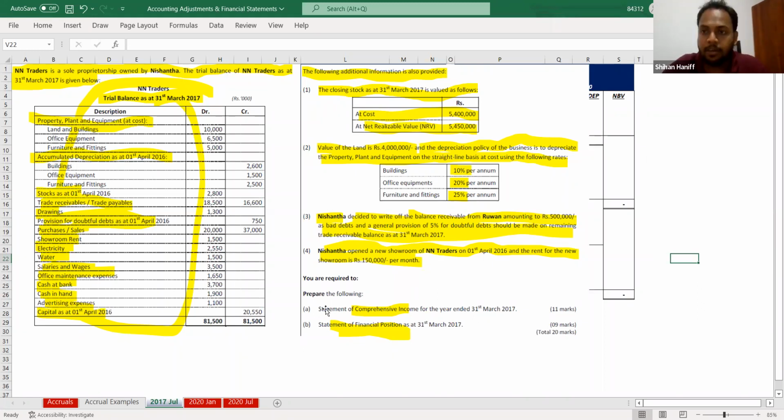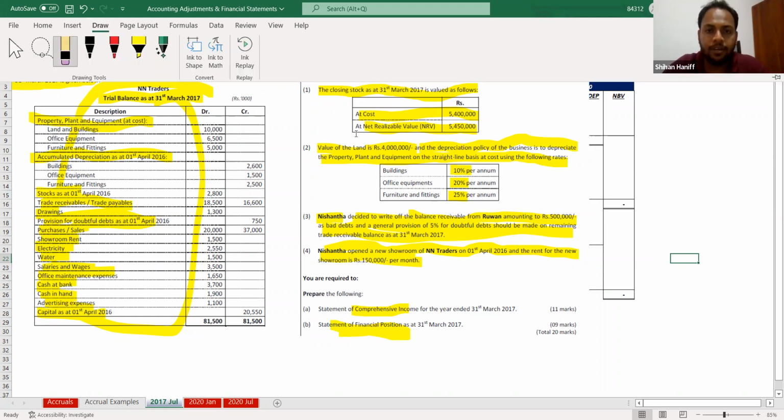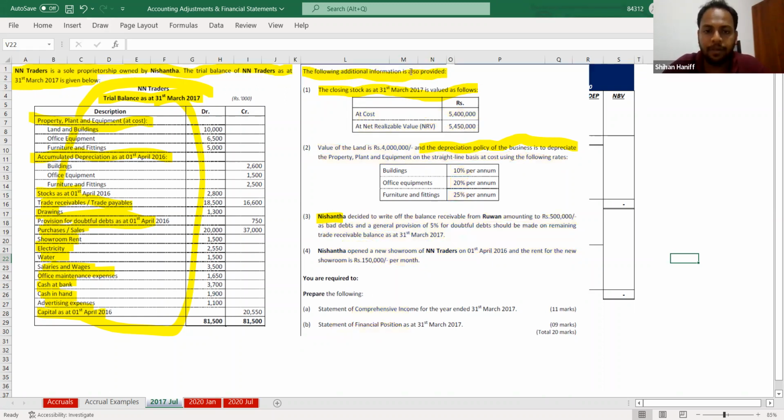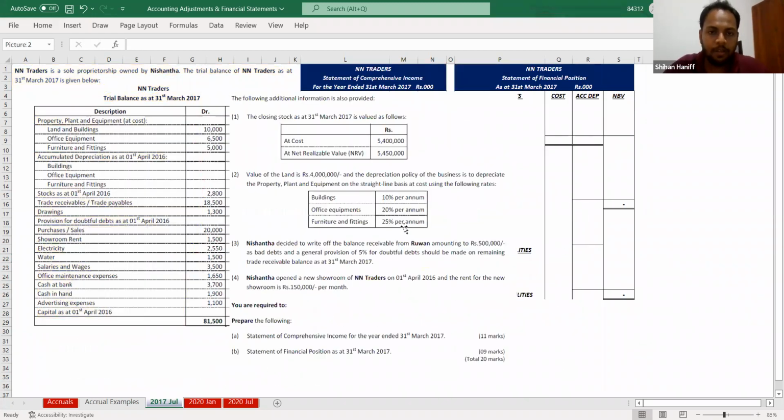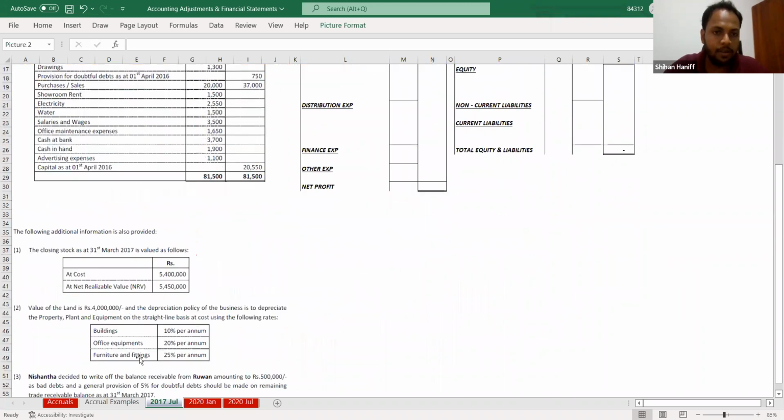We need the statement of comprehensive income and the statement of financial position. Okay. So you can do the question with me. Draw the format.